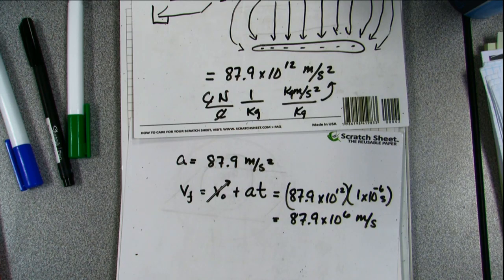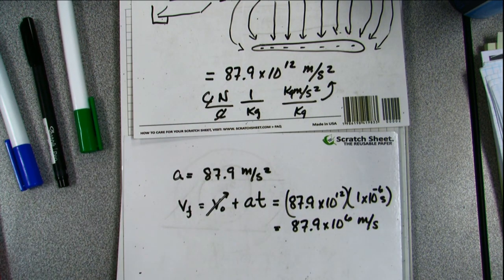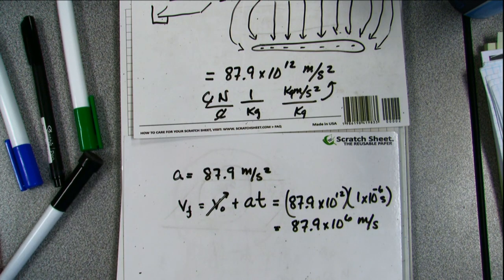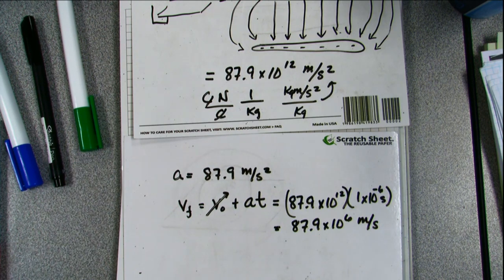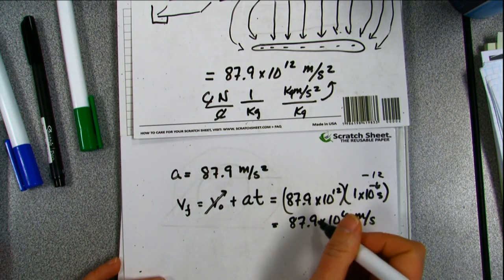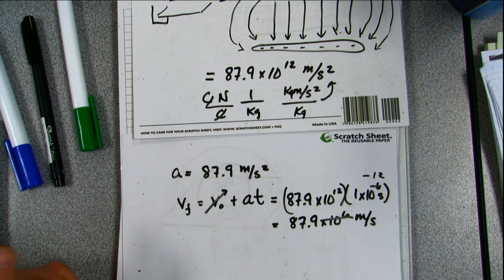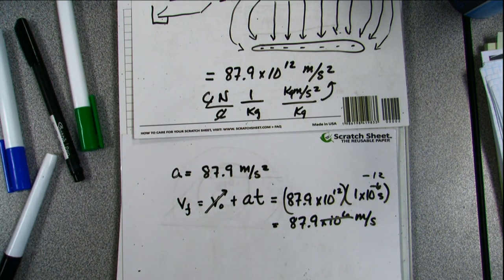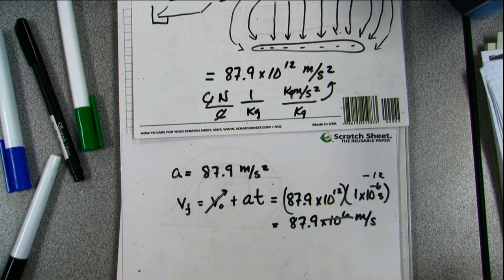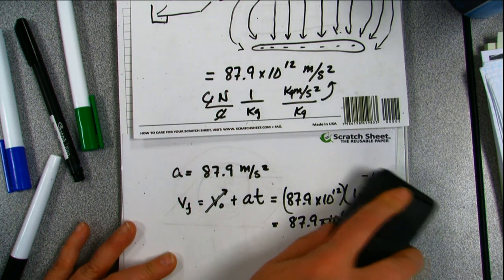Pico is minus 12, sorry. If it's minus 12, you may be absolutely correct. Pico's minus 12, femto's minus 15. We don't work in picos very often. Yeah, pico is like the equivalent of tera.